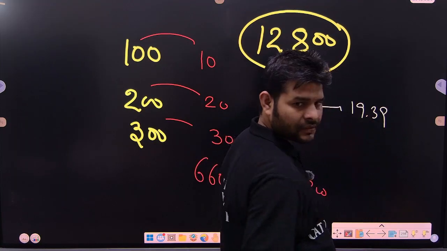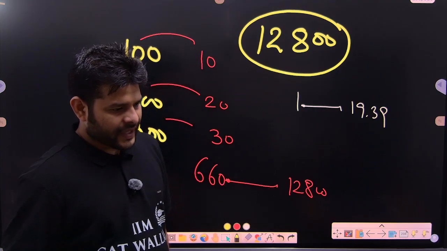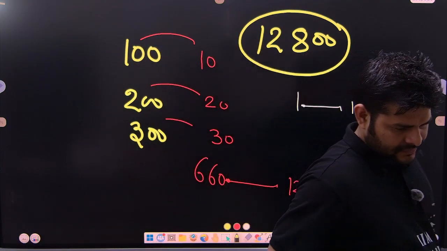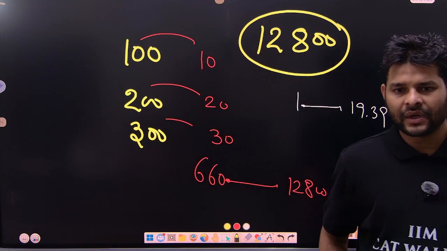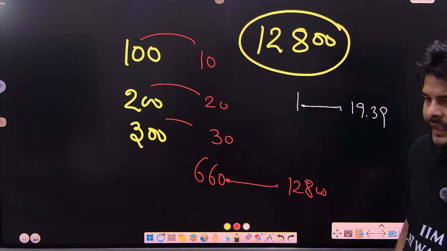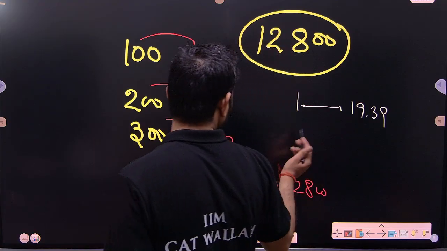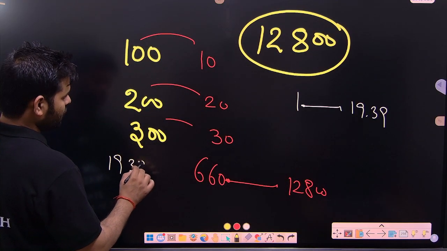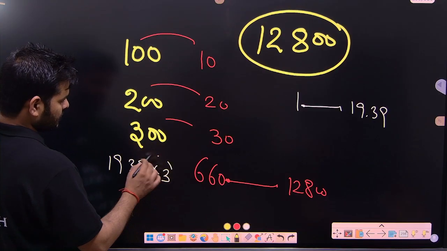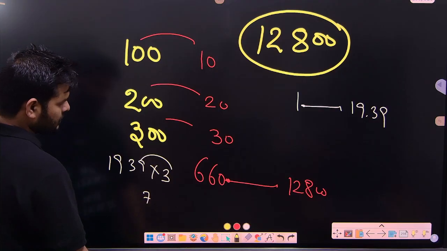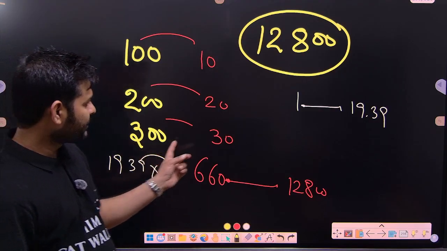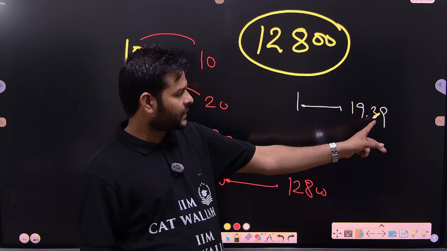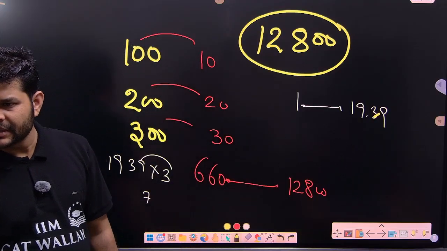Are you sure? What have we been asked? The third year installment. So that would be 19.39 into 3. When you multiply by 300, the decimal will cancel out.